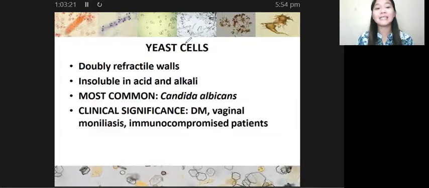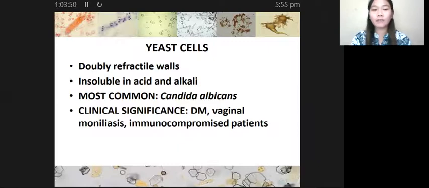Vaginal moniliasis is the same as candidiasis. I think you are more familiar with the term candidiasis. And of course, in immunocompromised patients. Just like what I have mentioned, Candida albicans is an opportunistic pathogen, so we can also see it in immunocompromised or immunodepressed patients.